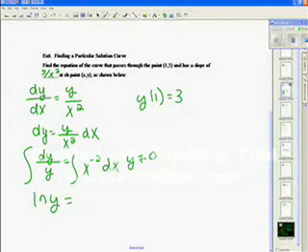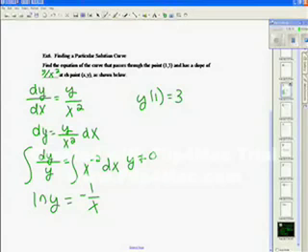Sorry, Jesse. Or Marissa, I didn't mean to shut you down like that. Integral of x to the negative 2. Andrea? Negative x to the negative 1, or negative 1 over x.